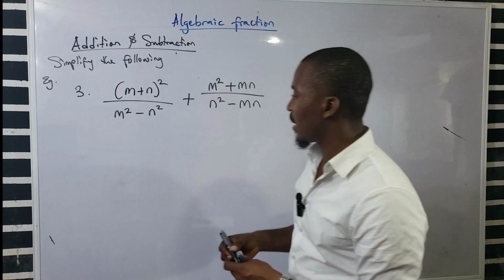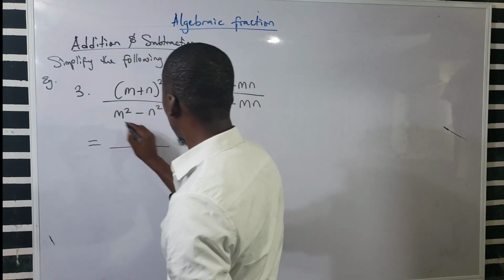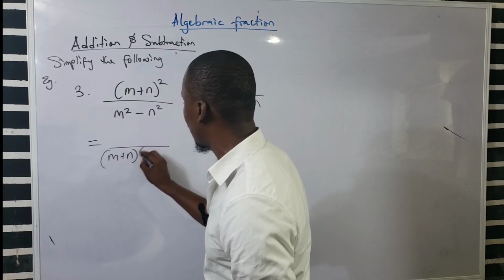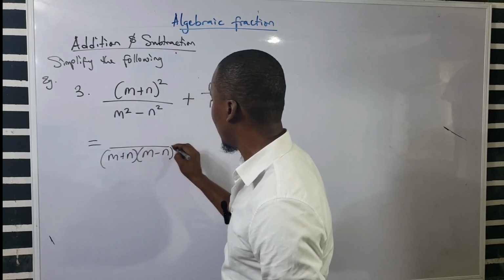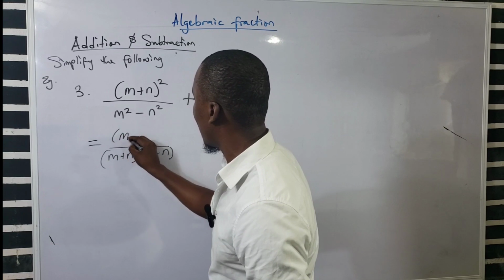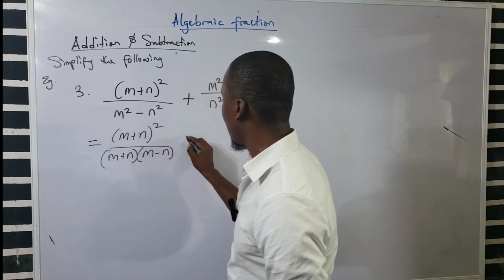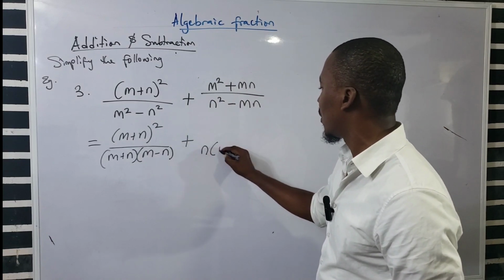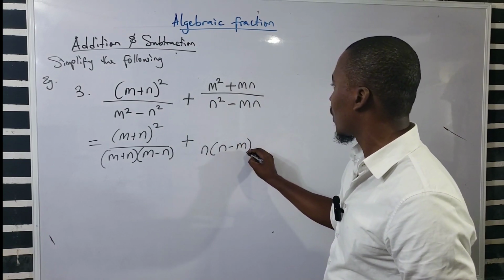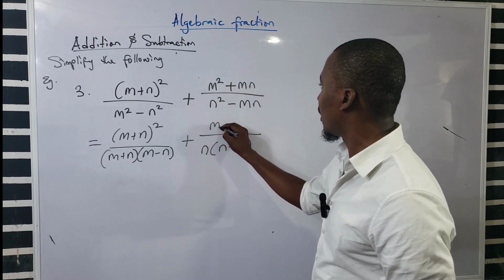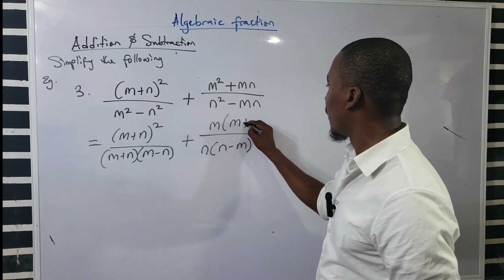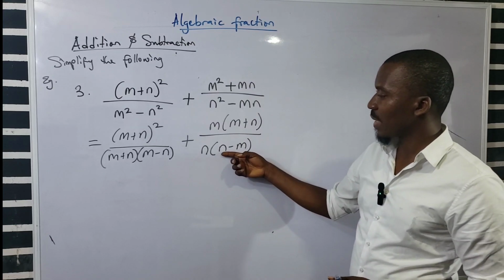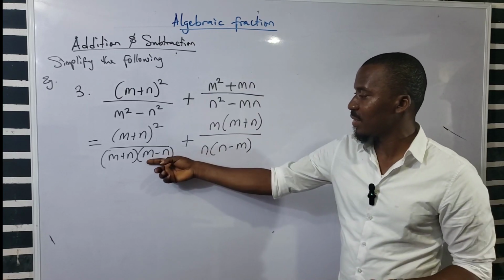So let us factorize. That will give us, here, m plus n into m minus n. So I will still have my (m plus n) all squared, plus, here I'm going to have n into (m minus n)... and on the other one m into (m plus n). So you can see that there's something we can do here that will make this look like this, okay?